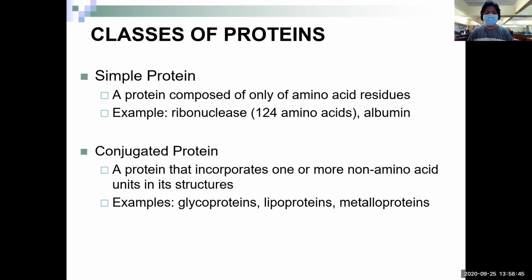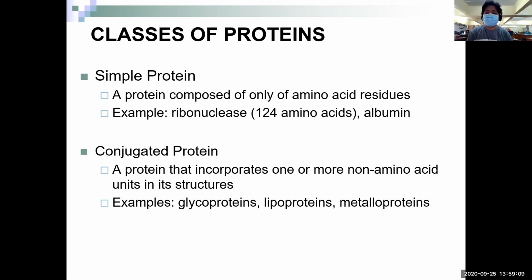Conjugated proteins, on the other hand, are proteins that incorporate one or more non-amino acid units in their structures. So here we add another molecule aside from protein to create the conjugated protein. Examples are glycoproteins, lipoproteins, and metalloproteins.